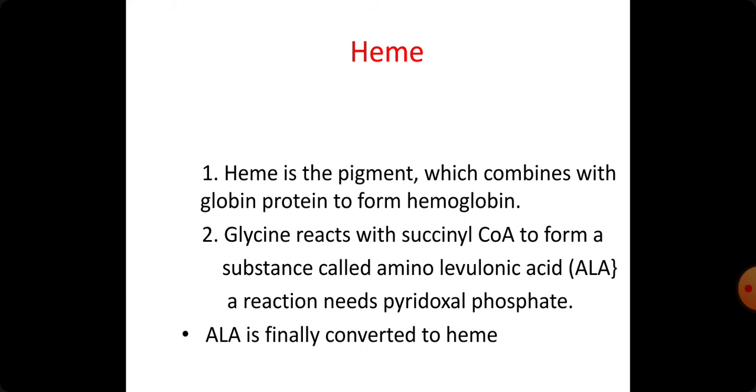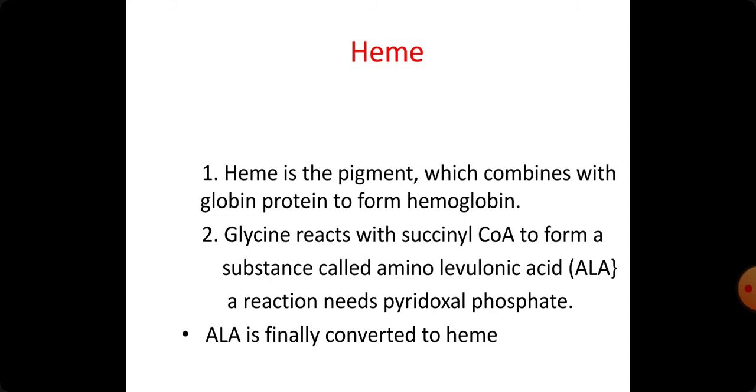The condensation of glycine with succinyl CoA gives ALA. ALA is then converted into PBG, porphobilinogen. Four molecules of porphobilinogen form one uroporphyrinogen molecule, which is converted into coproporphyrinogen. One coproporphyrinogen gives one protoporphyrinogen, which is converted into protoporphyrin and which chelates with iron to form heme.